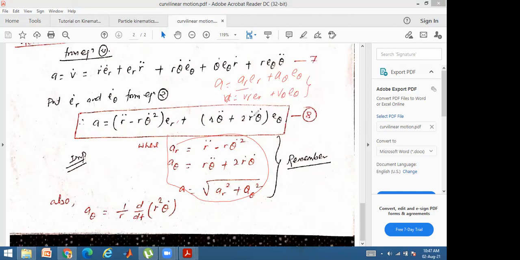What is A theta? You should know. And what is V r? You should know. And what is V theta? You should know. Similarly, for tangential and normal components, A equals A t e t plus A n e n. A t is the change in V, dV by dt, and A n equals V square by rho, where rho is the radius of curvature of the path.